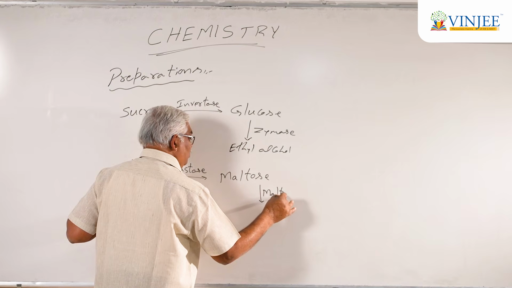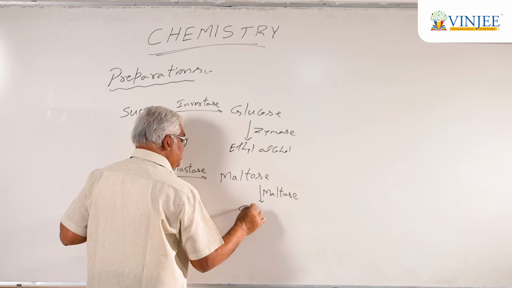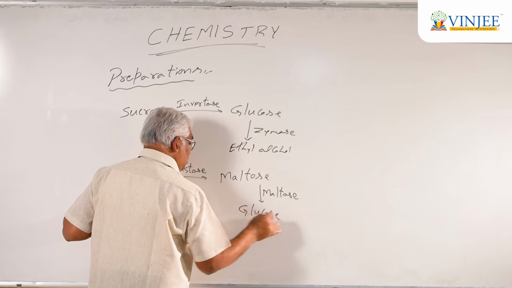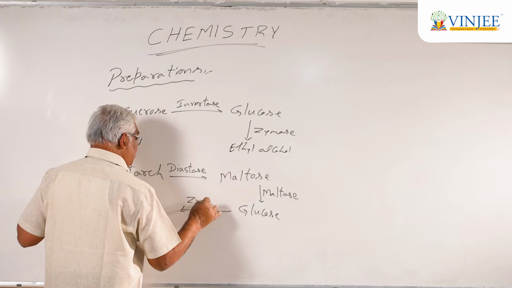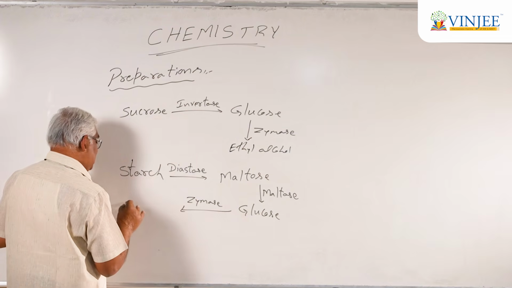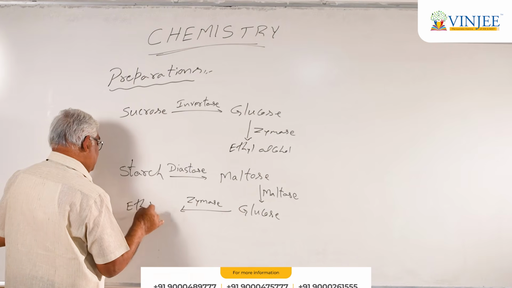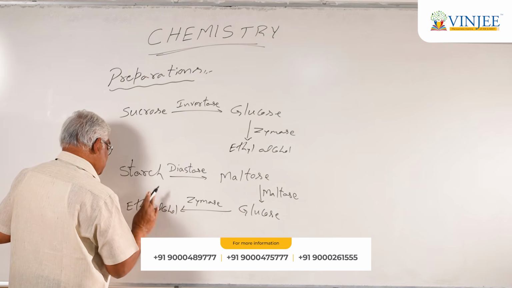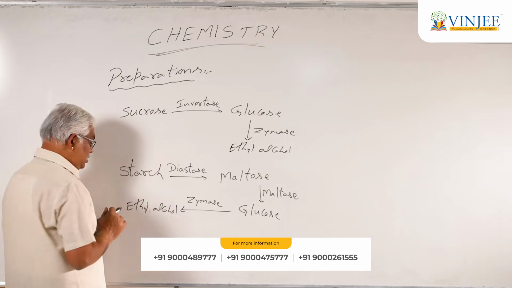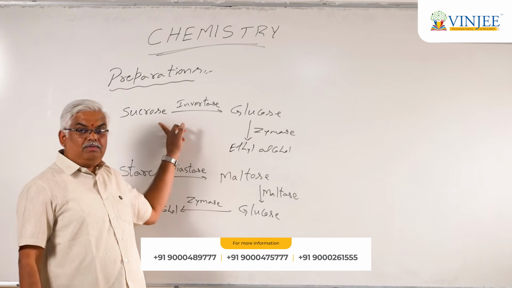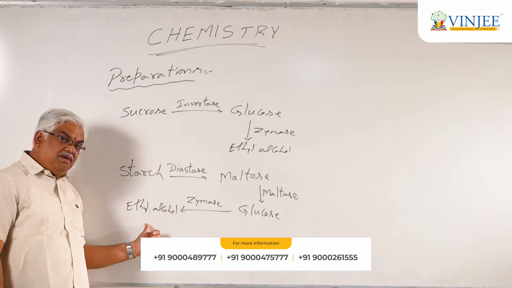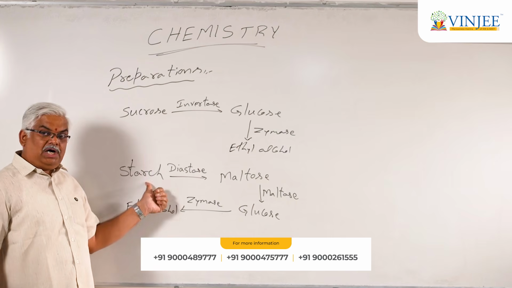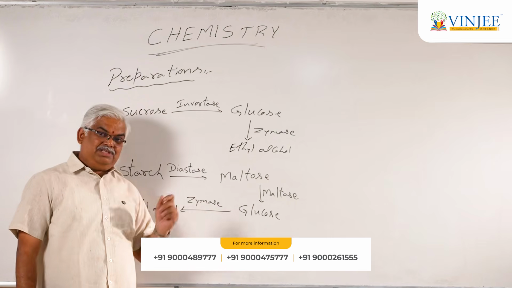This again with an enzyme known as maltase gives us glucose, and this glucose with the enzyme zymase again forms ethyl alcohol. In the sense, the first one, that is generation of ethyl alcohol from sucrose, is carried out in two stages, whereas generation of the same ethyl alcohol from starch takes place in three stages.